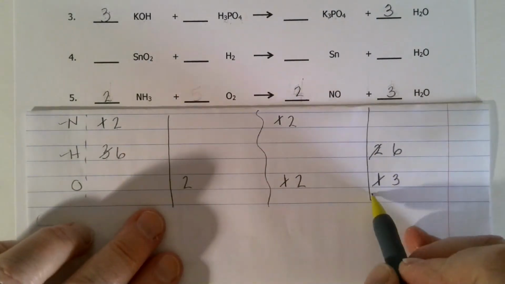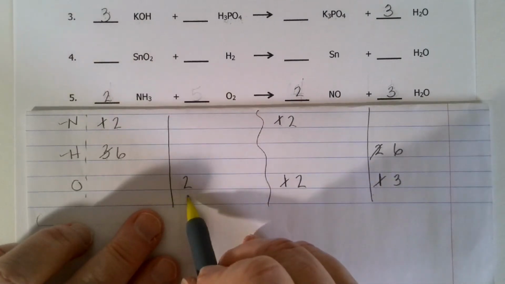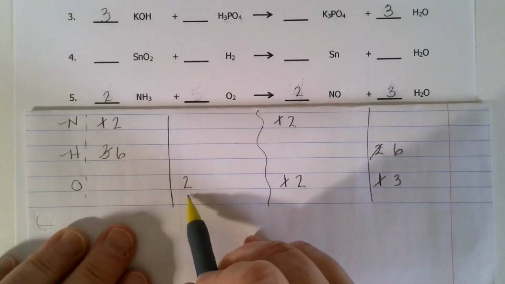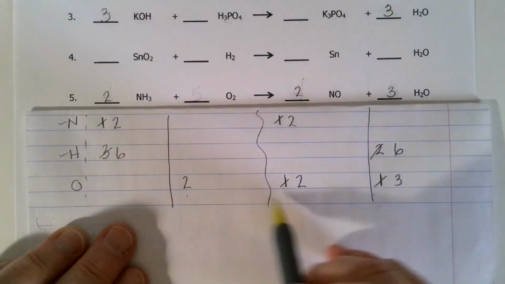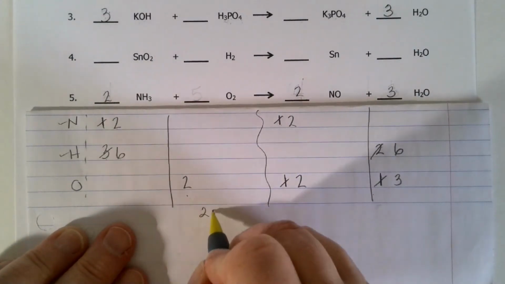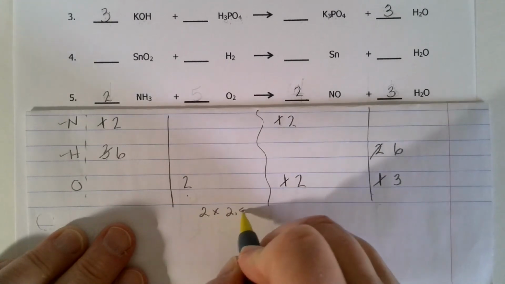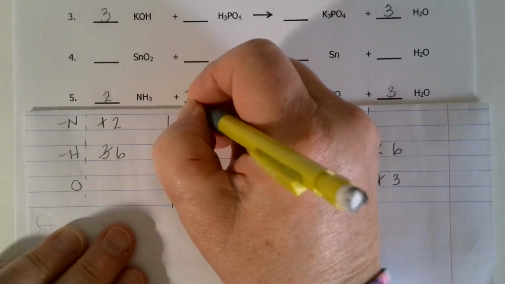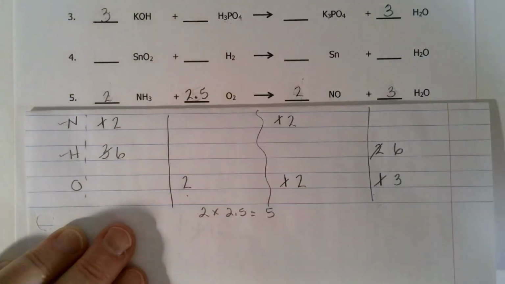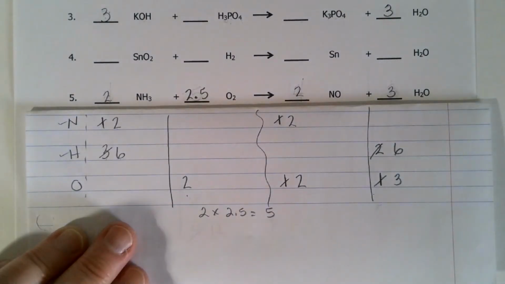I have 5 here and 2 there. Can I take 2 times some whole number to get 5? No. To get 5, I would have to go 2 times 2.5 to get 5. Well, I told you we can't do decimals or fractions as our coefficients.